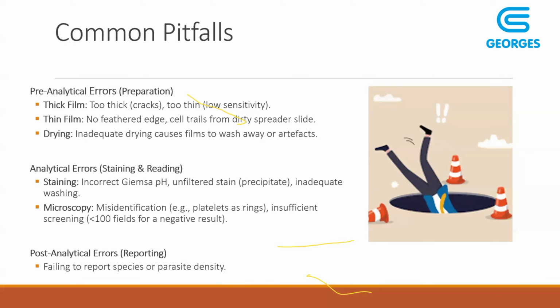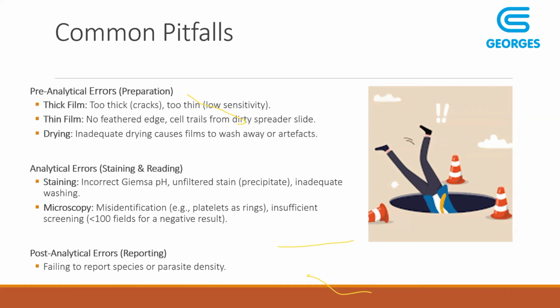So what are some of the common pitfalls that we encounter in malaria microscopy? So pre-analytical errors, we have in the thick film, there might be too thick, cracks or too thin, which can cause low sensitivity. So thick cracks affect the staining and really create a lot of artifacts.